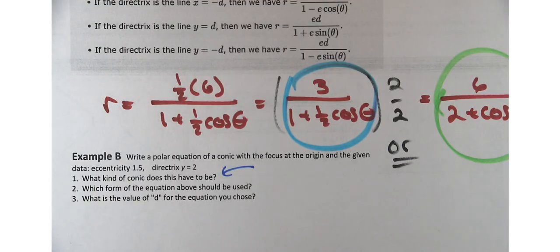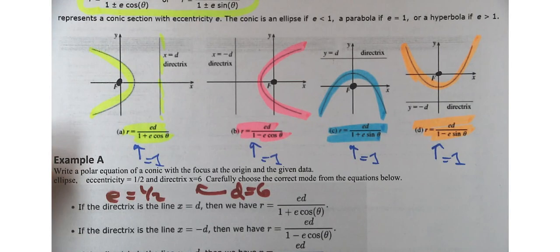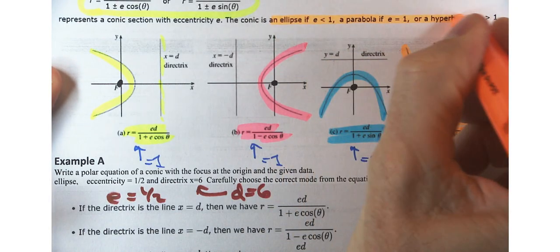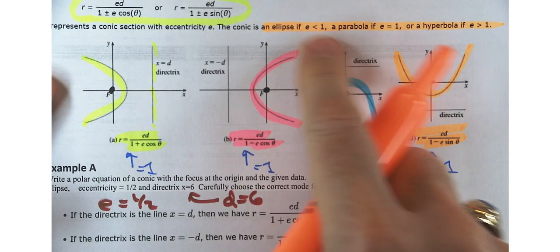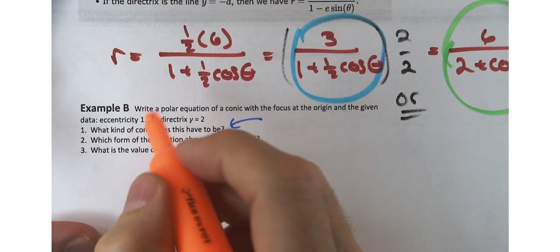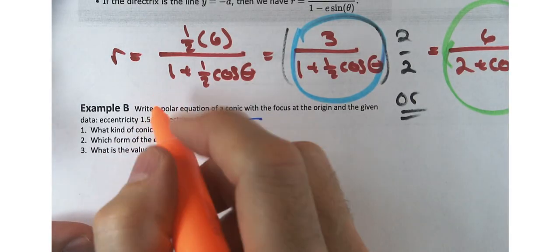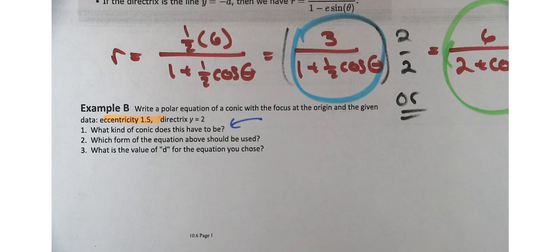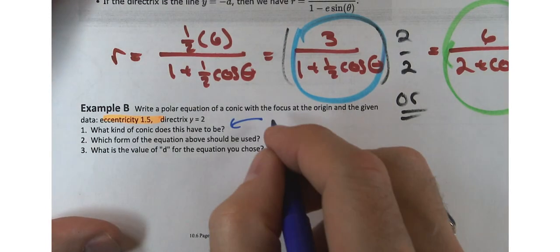A hyperbola. Yeah, so going back up to the top here, if your eccentricity is less than 1, it's an ellipse. If it's equal to 1, it's a parabola, and greater than 1, it's a hyperbola. So because this is greater than 1, we've got a hyperbola.